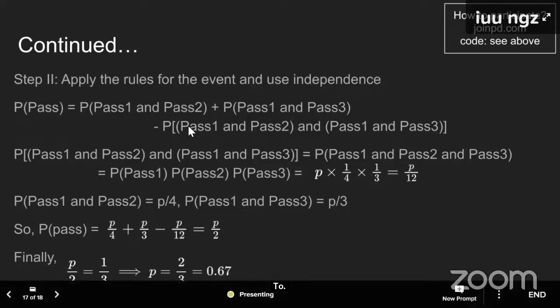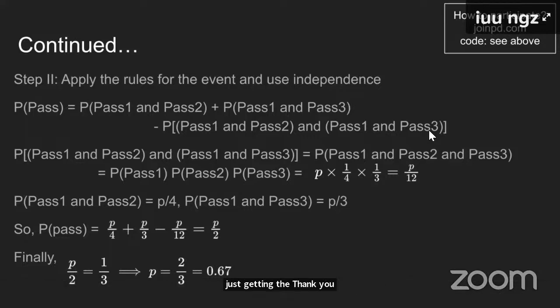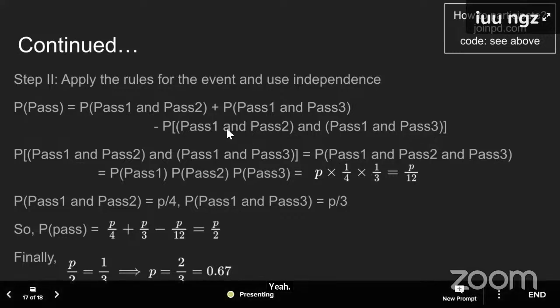Event A is pass 1 and pass 2, and B is pass 1 and pass 3. So if you take the intersection of all this, you are just getting probability of pass 1 times probability of pass 2 times probability of pass 3, because all these events are independent. So that is nothing but P times 1 by 4 times 1 by 3. That will come out as P by 12.